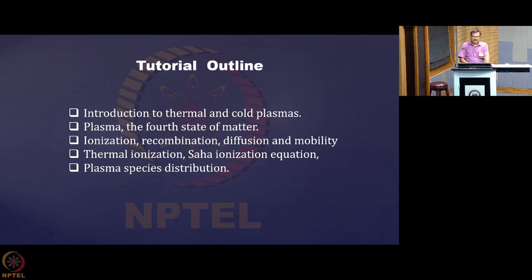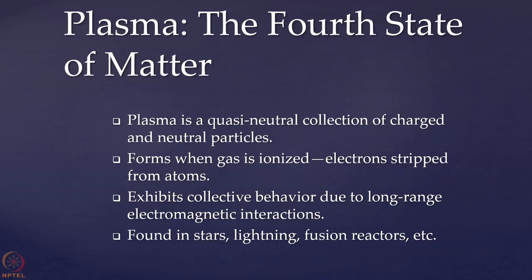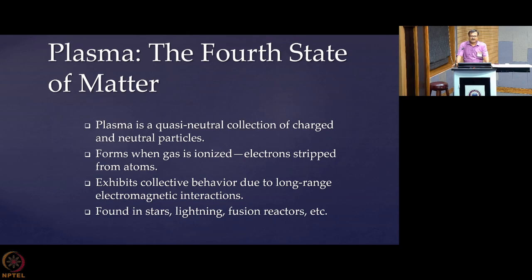So our tutorial begins. Plasma is called quasi-neutral. Gas is ionized, electrons are stripped off. Then they are special, and we call that the fourth state of matter because they exhibit collective behavior due to long range electromagnetic interactions.